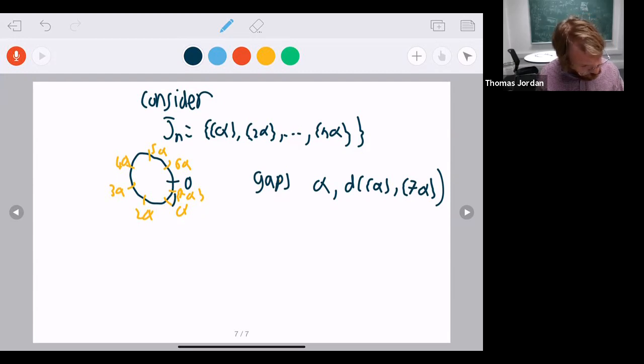And then if we rotated once more, we'd get 8 alpha, and now we'd have a third distance. We'd also get the distance between alpha and 8 alpha.